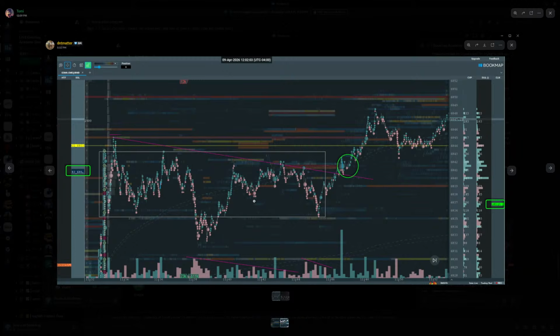Then it consolidated, and then you get this small break on high volume. I drew a circle there. Bruce, this is not really a great low volume pullback. Am I right? This is high risk. What do you think about this?